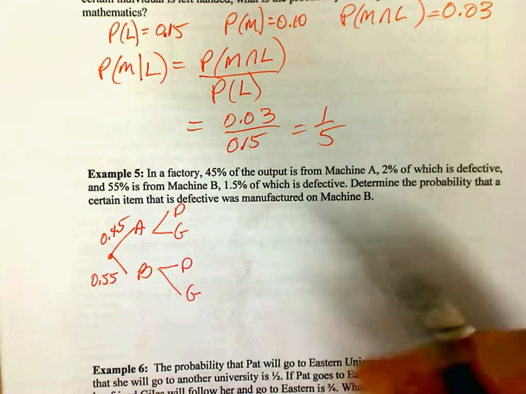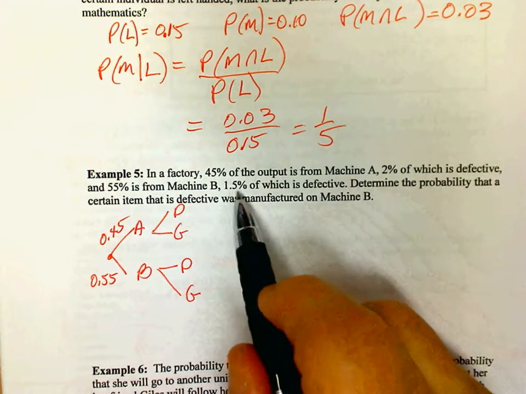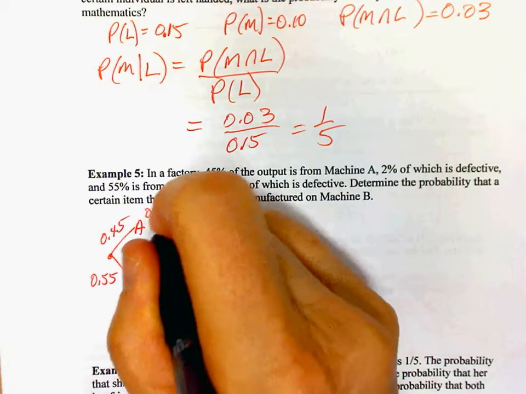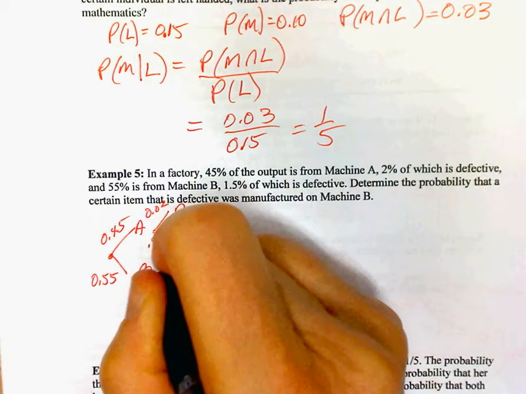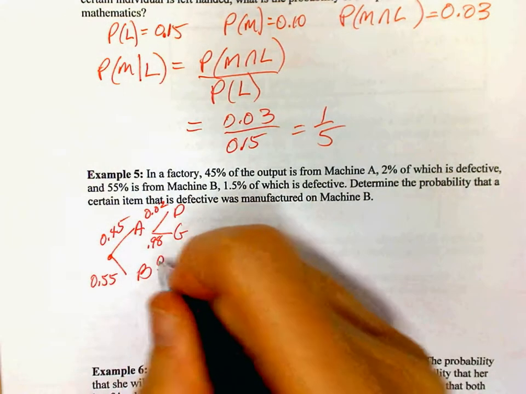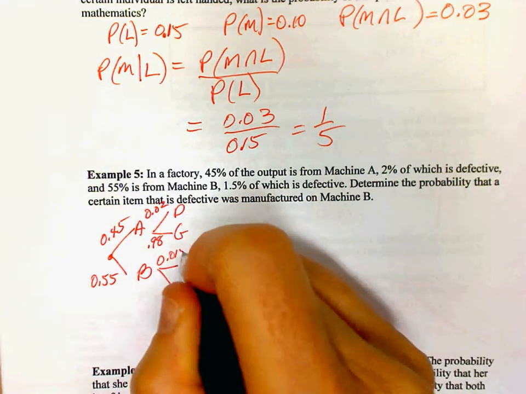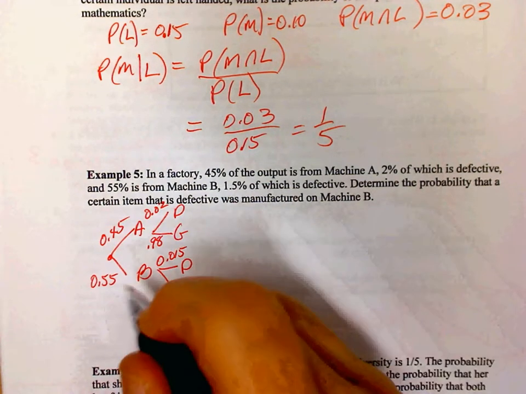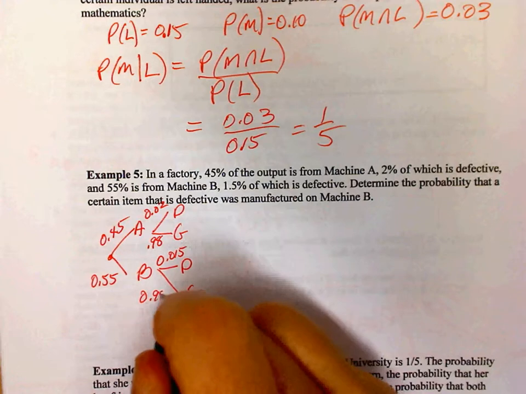So from machine A, 2% is defective. That means 98% is good. And from machine B, 0.015 is defective. And that means 0.985 is good.